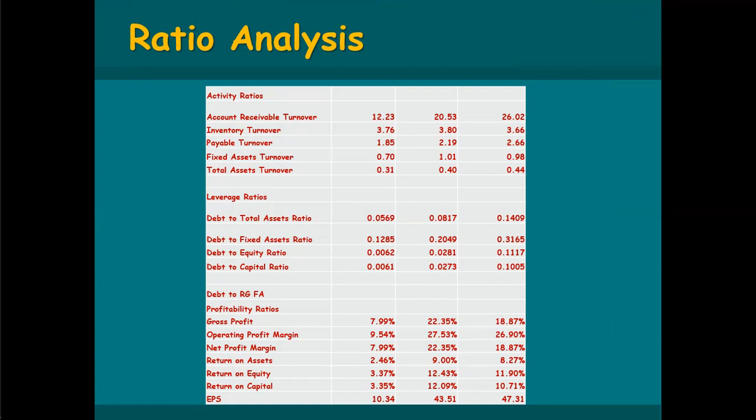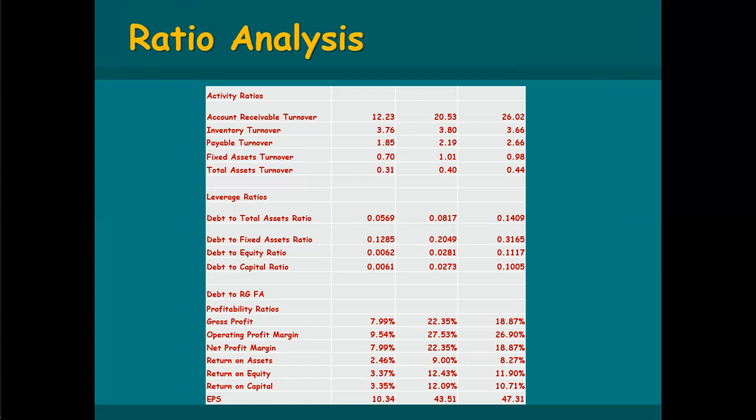Fixed asset turnover has slight changes. Total asset turnover has slight changes. Debt to total assets: yes, there is a significant change for the second year, and thereafter a major change in the third year.